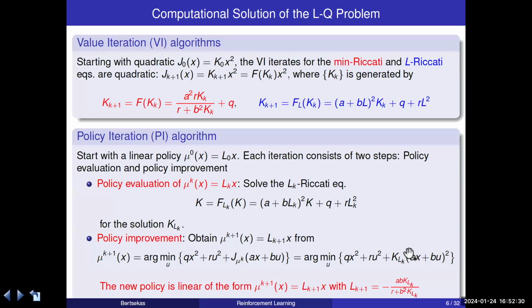Now, we haven't talked about stable policies so far, but we're going to do that in what follows in this lecture. And if the initial policy is stable, all the subsequent policies will be stable, and you will obtain in the limit the optimal solution, the optimal policy.